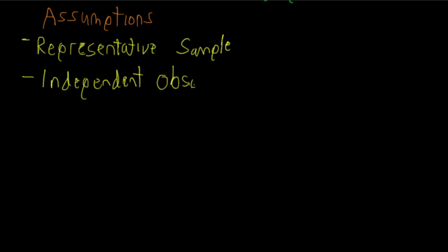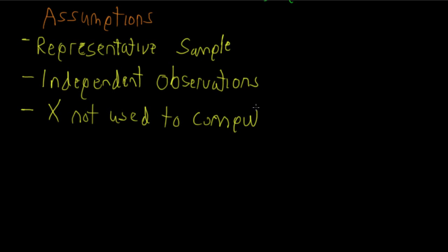You're only looking at one subject, you're not counting them multiple times, they shouldn't be closely related. The third assumption is that X is not used to compute Y, because then they would automatically be correlated to some degree. And X is not experimentally controlled, like a continuous variable such as drug dosage. You can't have that as your X value.